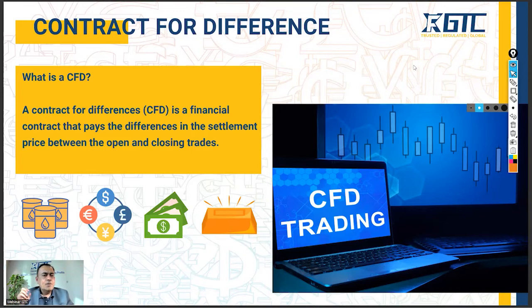So if you feel the market is bullish, you can use the buy button on your trading platform, on your mobile trading platform or a desktop trading platform, and just by clicking on the buy button, you'll be opening a buy trade. And if the market goes up, you will benefit from this trade. So for example, let's say the crude oil price today is 100 US dollars.